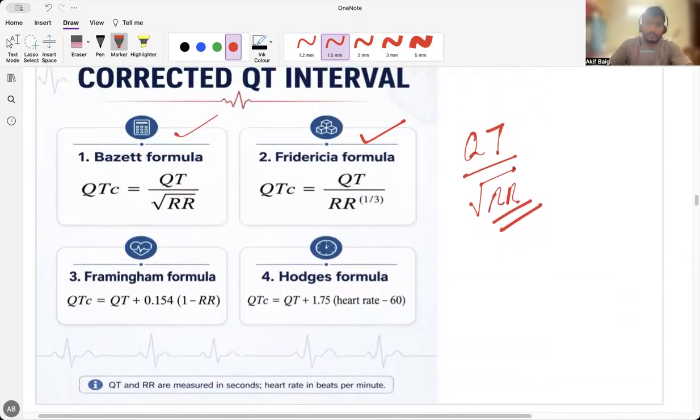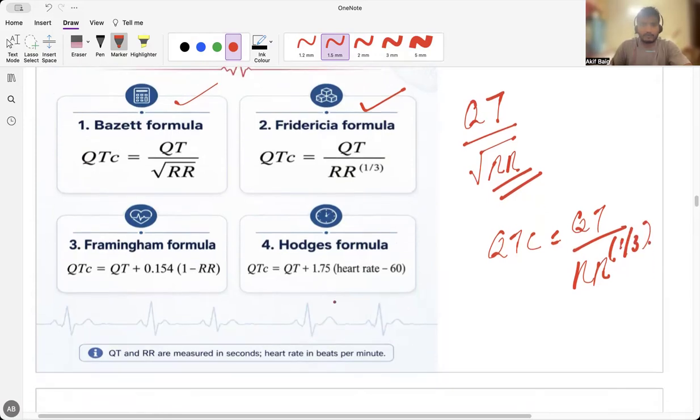And the Fridericia formula is corrected QT, which is equal to QT divided by the RR interval in seconds raised to the power of 1 by 3. And the Framingham formula is given here, and the Hodges formula is given here.